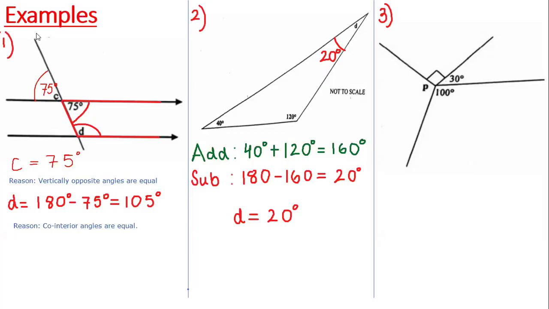Oh, by the way, what's the reason here? Angles in a triangle add up to 180 degrees. Very good.